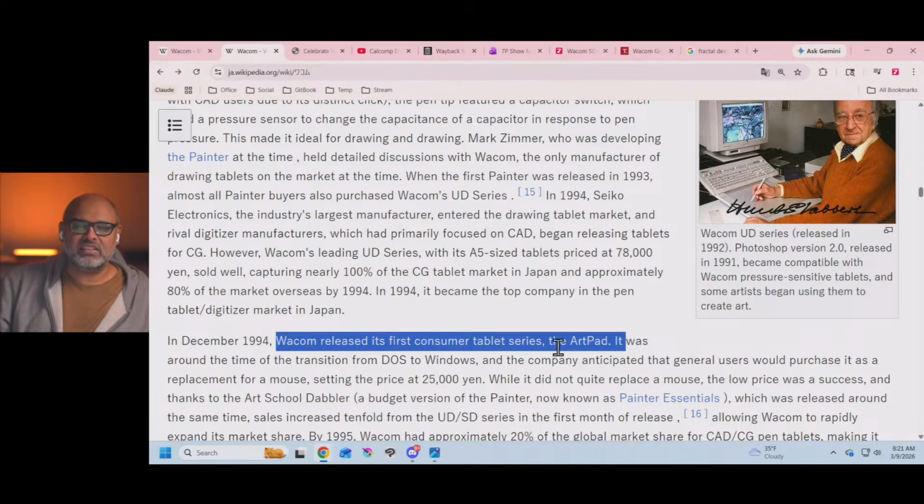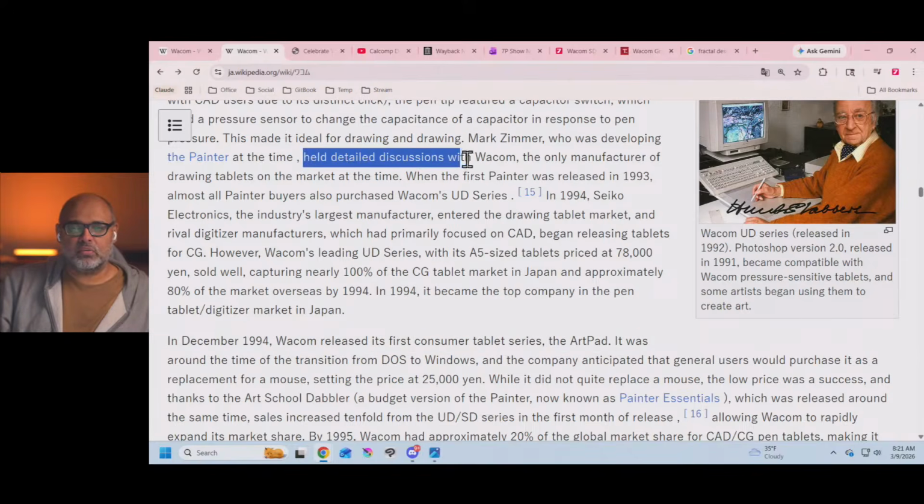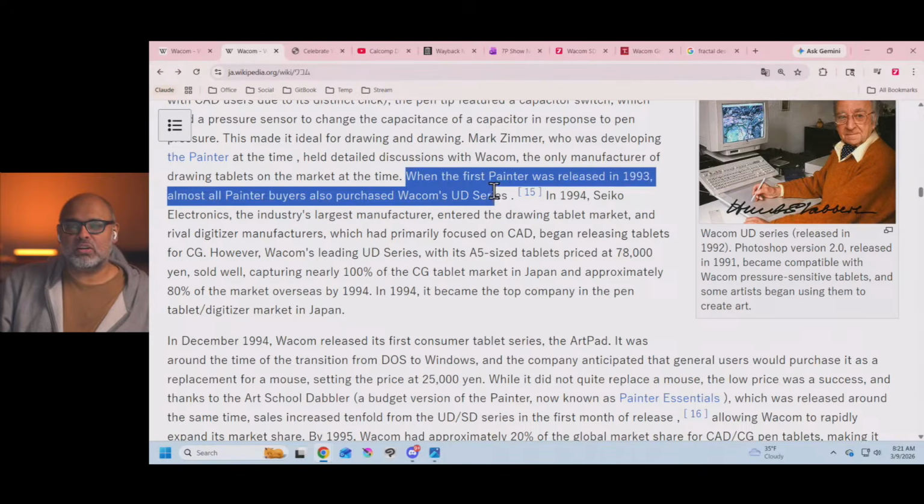So in 1995, I think I got the ArtPad. The key thing here is that Mark Zimmer worked with Wacom. And this is an important point. When Painter was released in 1993, almost all Painter buyers also purchased the UD series. It's another case where the application drove the purchase of the hardware.